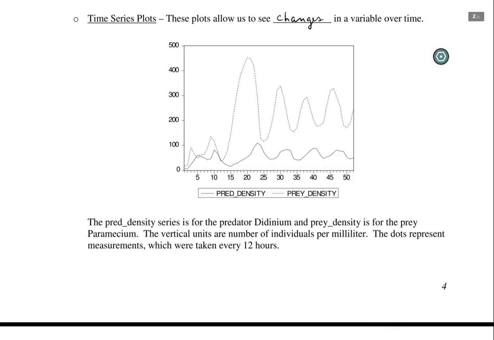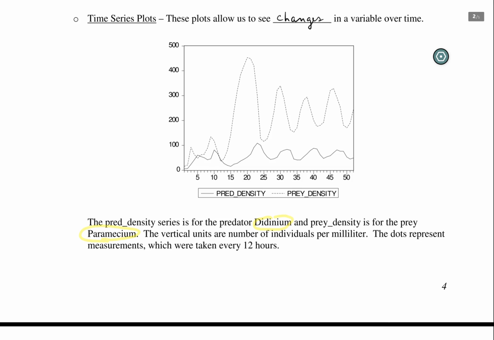One variable is the density, or the population size, of Didinium, which at the microscopic level is a predator on the prey Paramecium. These two form what's called a predator-prey relationship.